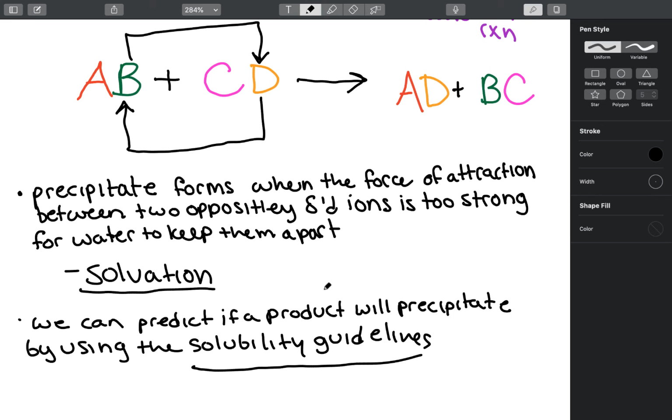Now, I'm not going to include this table in this lecture because it is found in every single general chemistry textbook. You can just look up this table and use it to see which products are soluble and insoluble.